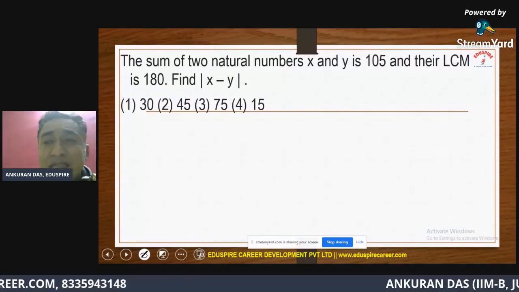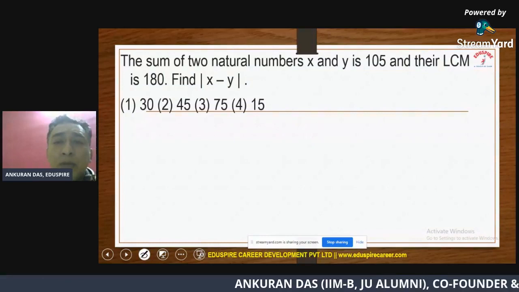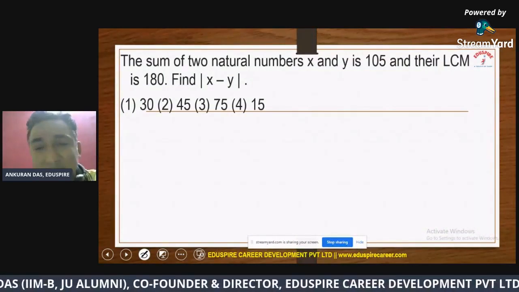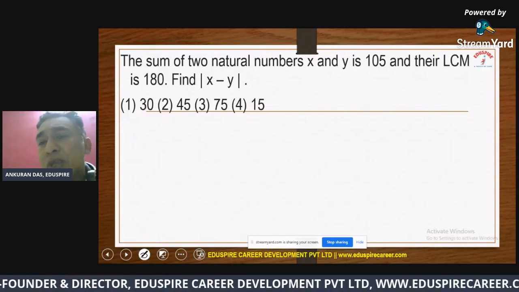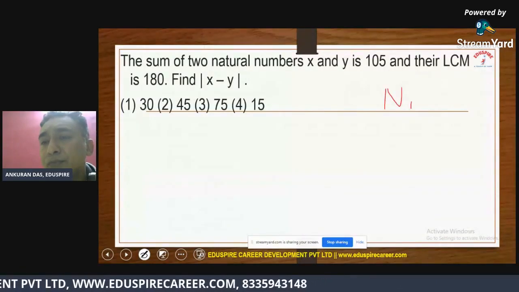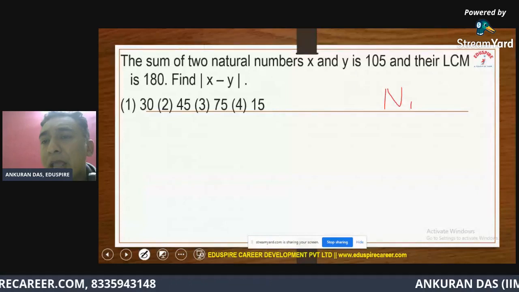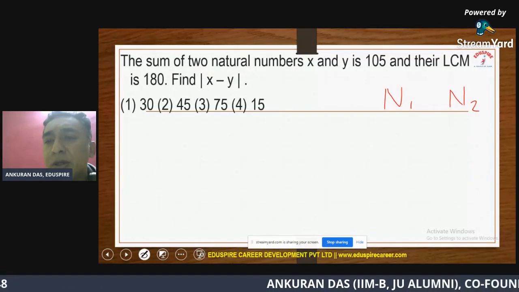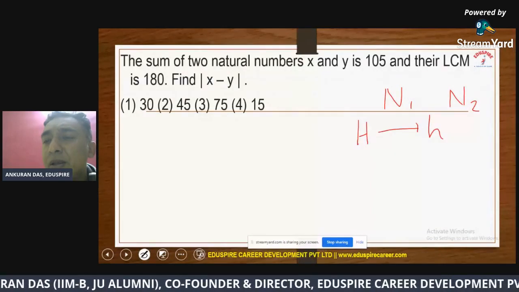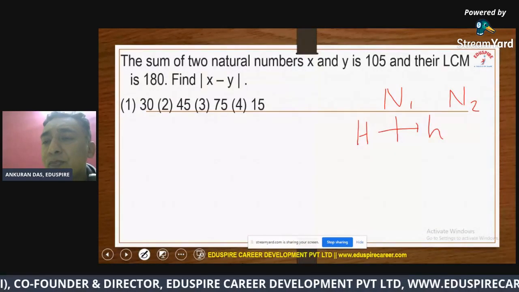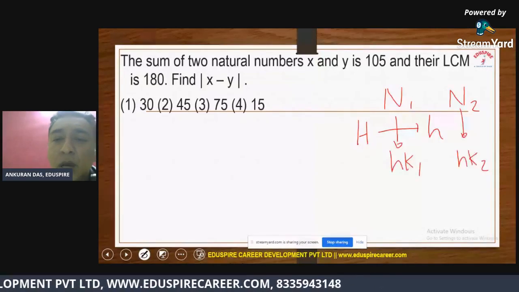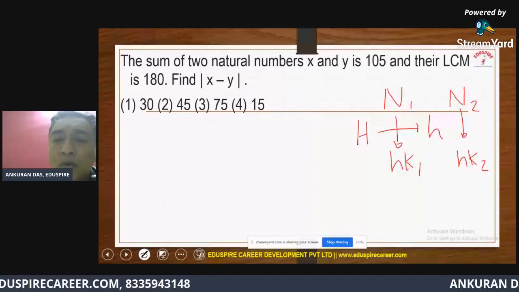You can see now, before I solve this question, I need to tell you something important about LCM and HCF as a basic property. So if I see two numbers n1 and n2, if I know that their HCF is H, the numbers can be written as H K1 and H K2 if K1 and K2 are co-prime.